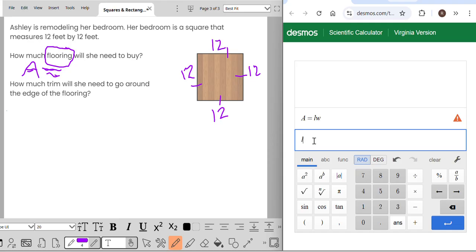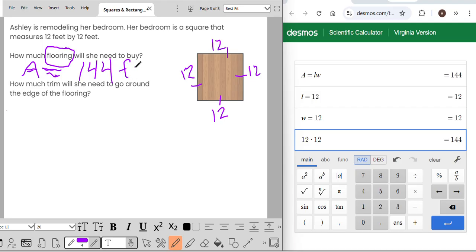Okay? And I'll start with length equals 12 and W equals 12, which gives me 144. Of course, I also could have just done 12 times 12, which gives me 144. So the area is 144. So when she goes to buy flooring, she has to make sure that it is going to cover 144 feet squared. Remember, area is always squared.